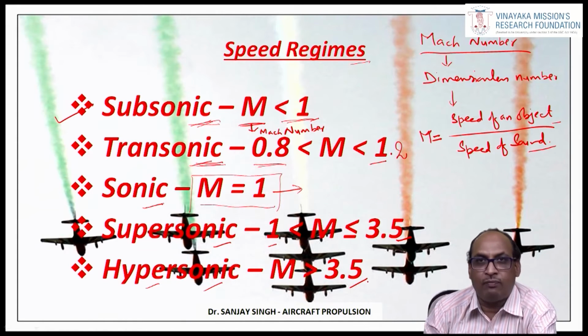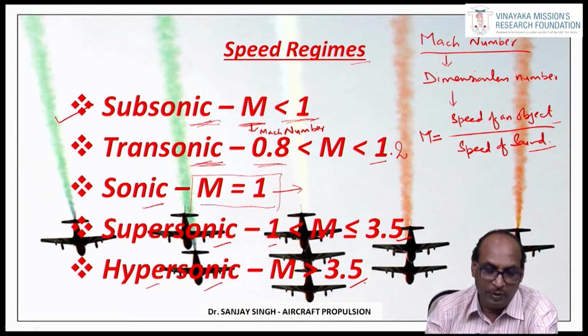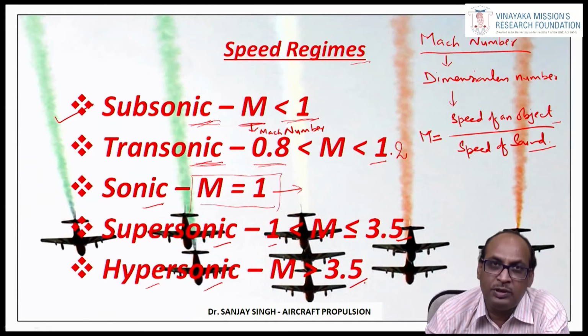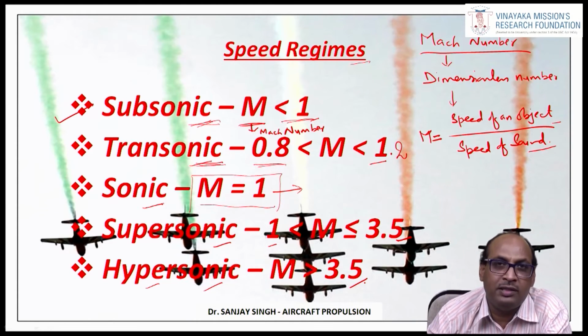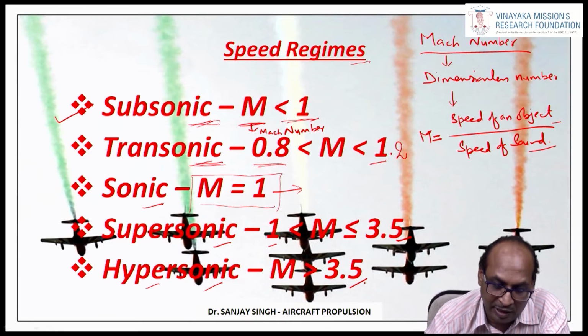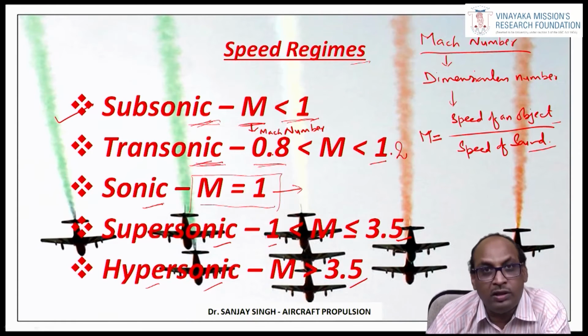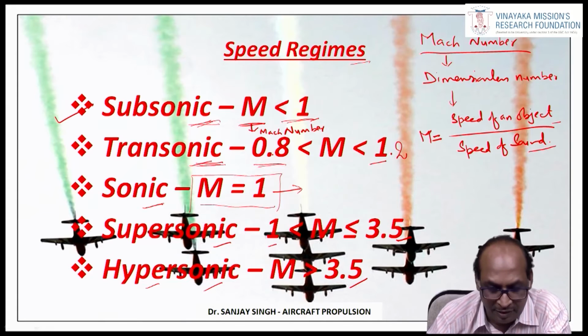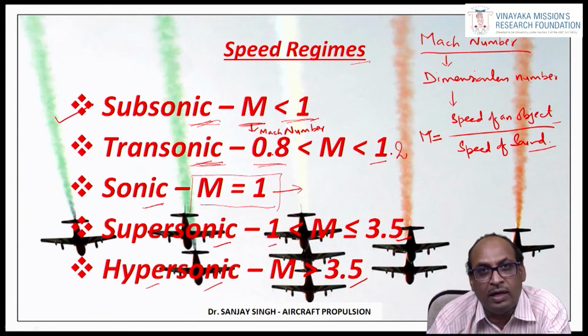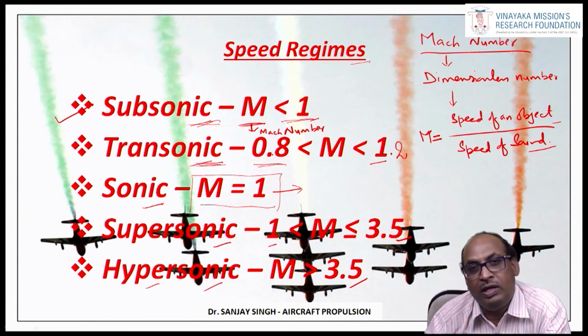So after 3.5 Mach, even if it is going to 25 Mach or 26 Mach, it will come in the hypersonic speed regime. So these are the speed regimes in which the aircraft is traveling. All aircraft are not traveling in all the regimes.